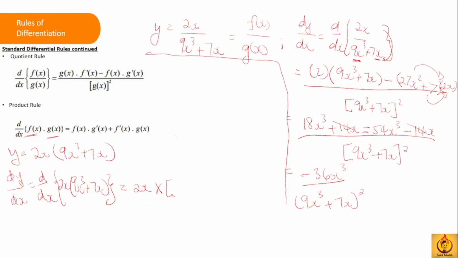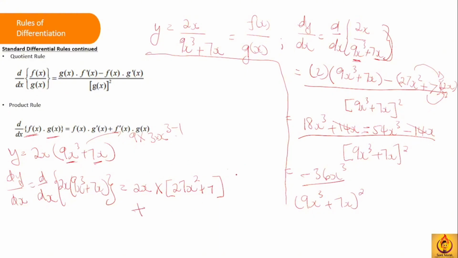That will be 9, start with the first one, remember, sum rule, 9 multiplied by 3, which is the exponent, multiplied by x to the power 3 minus 1. Just a reminder, 9 multiplied by 3 multiplied by x to the power 3 minus 1, which will give us 27x squared plus 7. Derivative of 7x, plus, this is our first product.